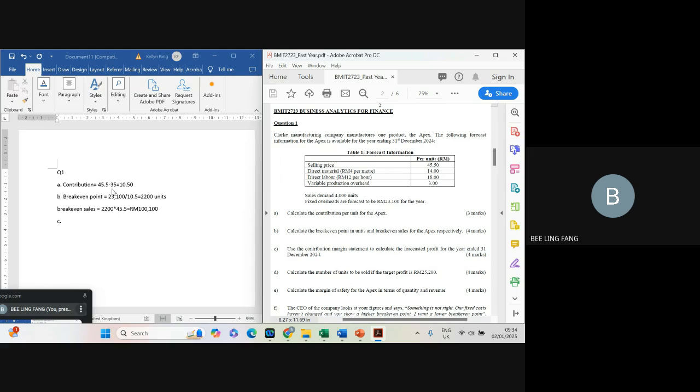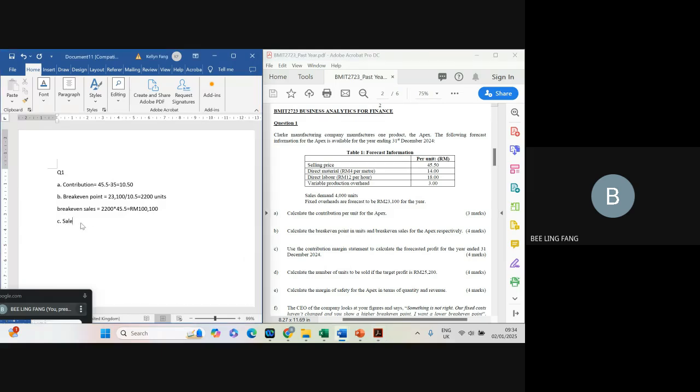That means what we calculate here. Calculate the profit, right? Okay, so firstly, you must know how much the sales, and then you have to minus the variable cost, right? So this is contribution per unit. So you have to calculate the overall one.